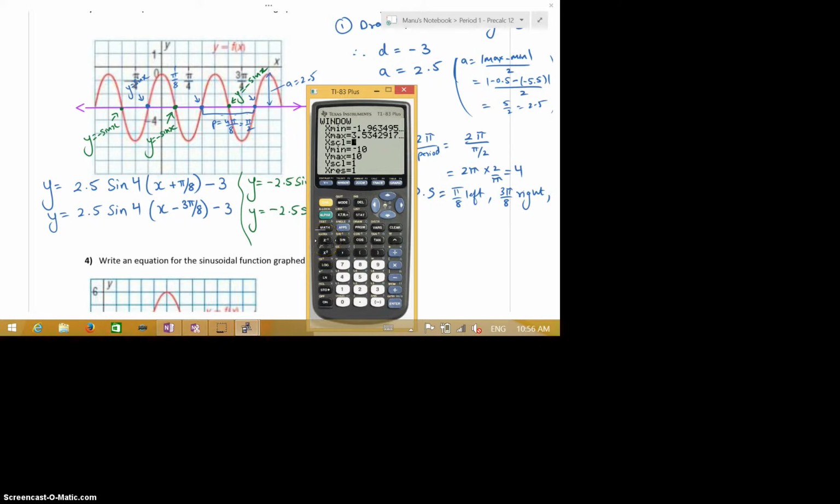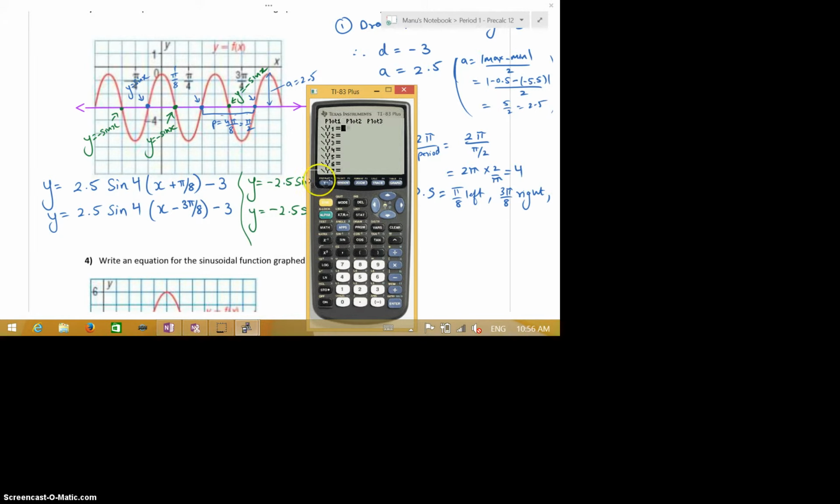Our scale factor is pi over 4, so we'll put markers at every pi over 4. Actually, let's put pi over 8 just to make sure that we can see that. The y minimum is negative 8, and the y maximum is positive 2.